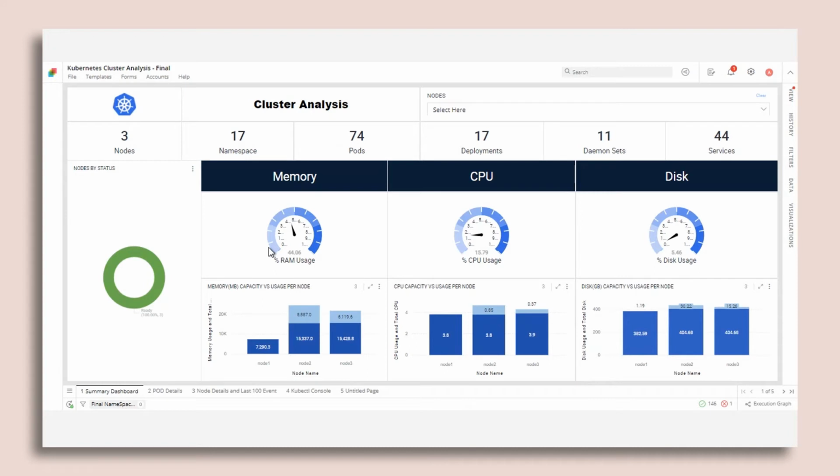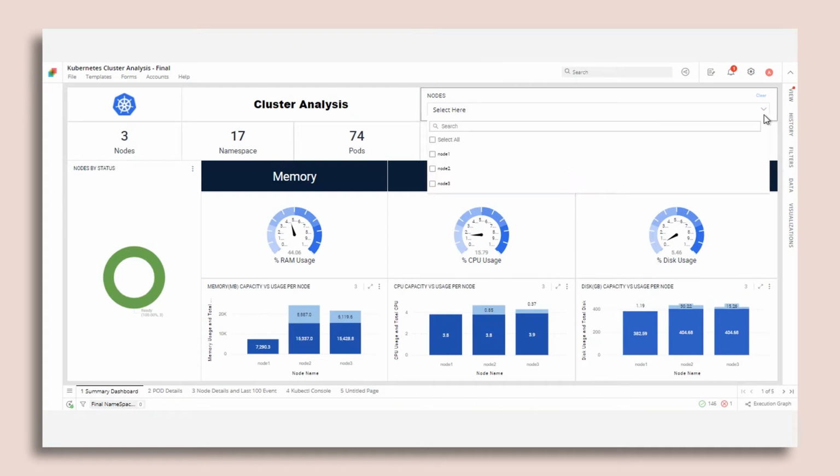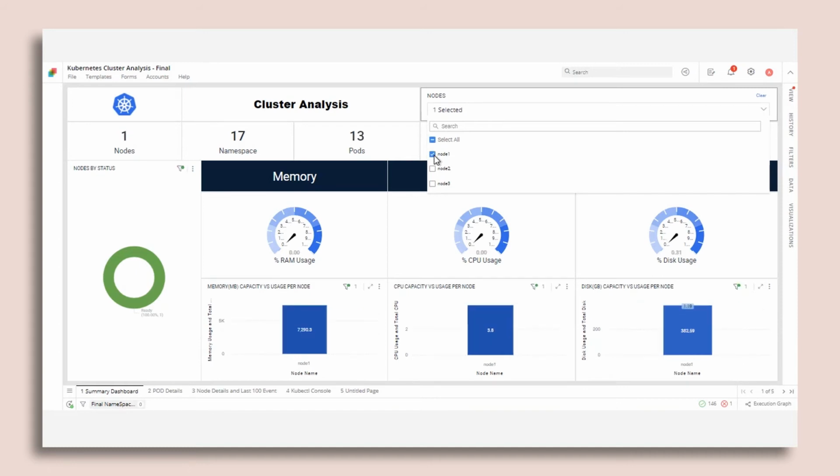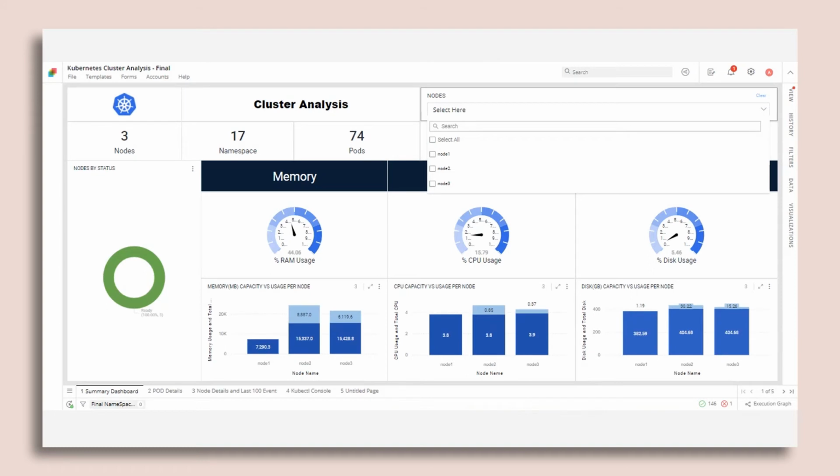It also provides you a glance of the cluster usage or the workloads that are running on the cluster, like namespaces, pods, and services. Once we have that information, you can drill down into a specific node, for example, to see what the utilization is and how many namespaces are running. So that kind of analysis can be done.